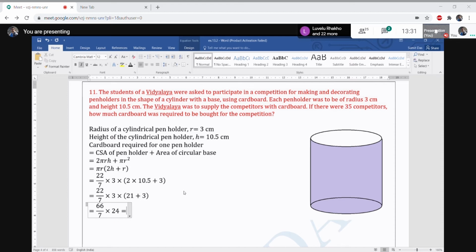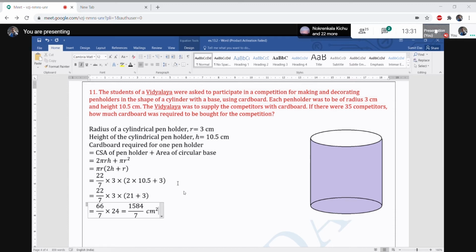Which is equal to, 24 and 66 you have to multiply. 66 into 24 is 1584 divided by 7 centimeter square.